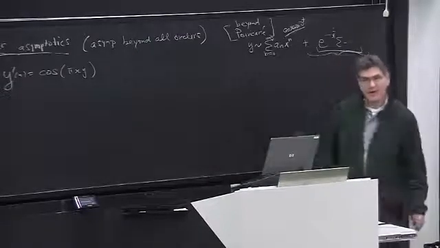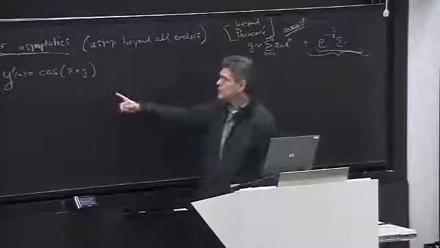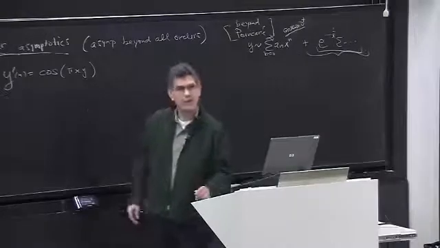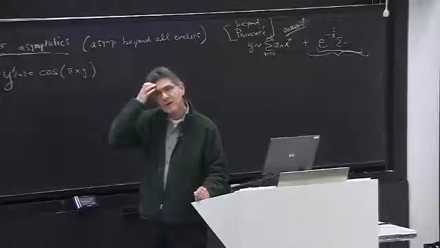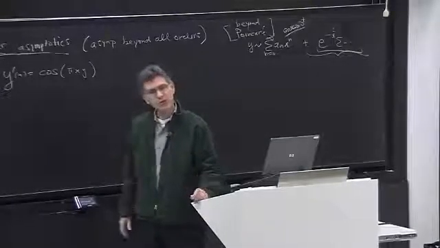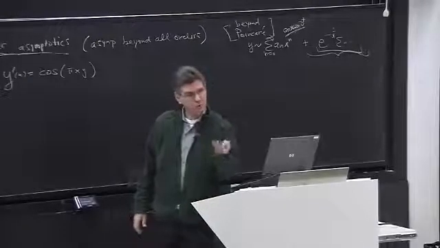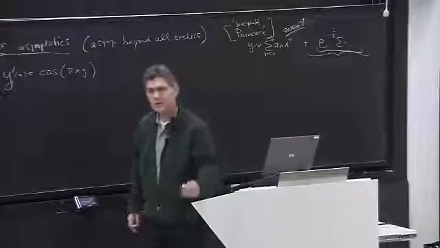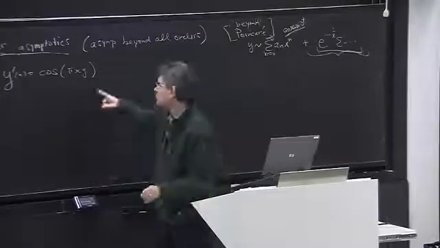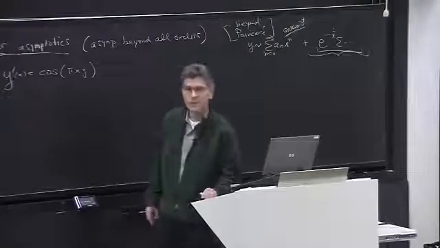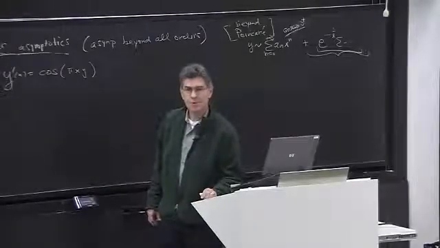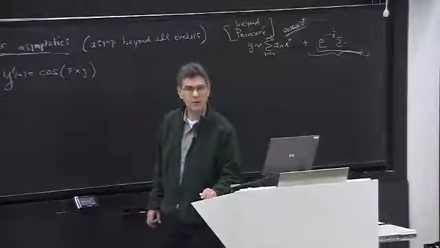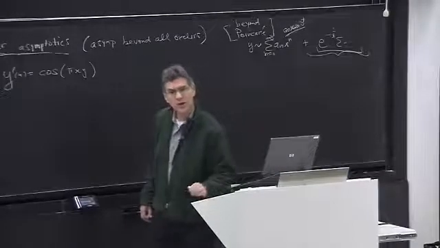But can we guess how the solution to this equation looks? Well, we can. Imagine, what does the solution to this equation look like for large x? Suppose x were getting large.